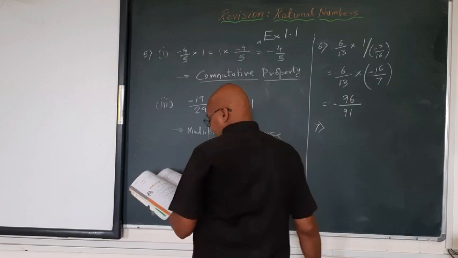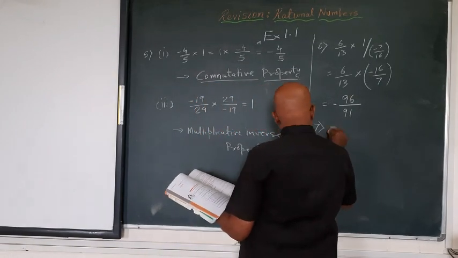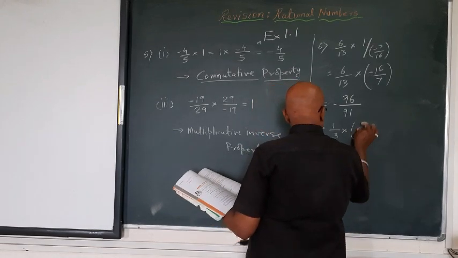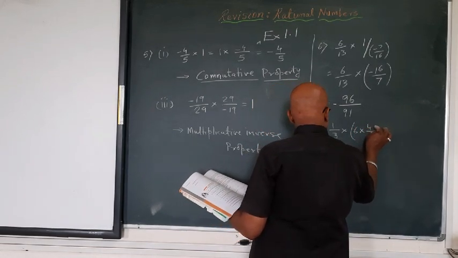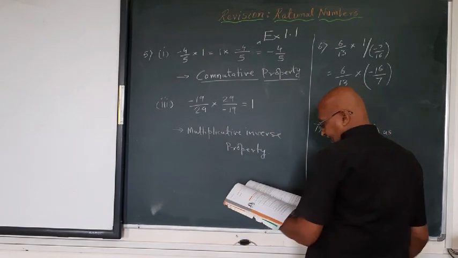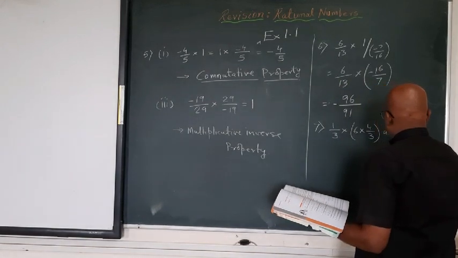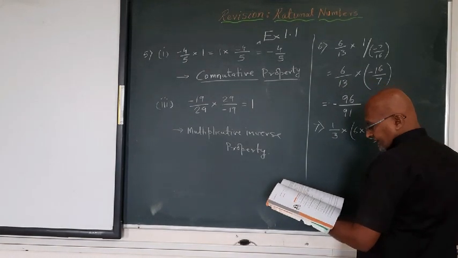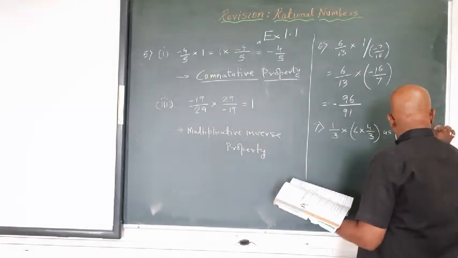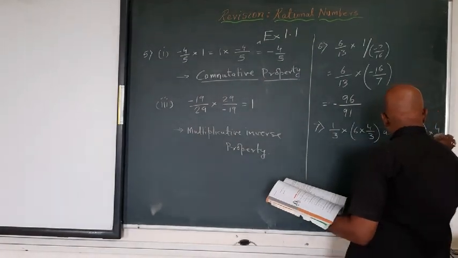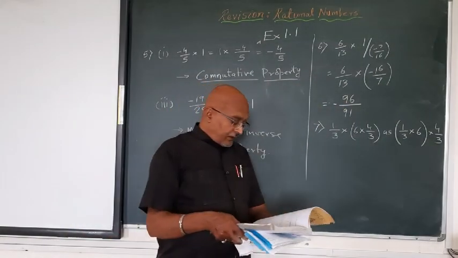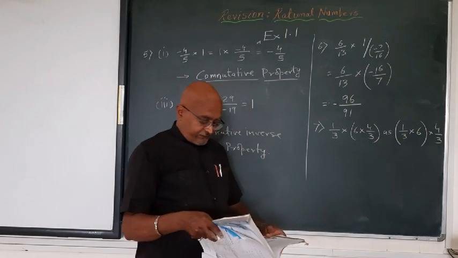I will write the numerical and I will explain it. 1 by 3 multiplied by 6 multiplied by 4 by 3 as 1 upon 3 multiplied by 6 in bracket 2 multiplied by 4 by 3. Now tell what property allows you to compute this.